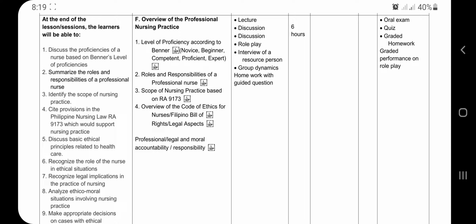Very important ngayon na ma-discuss sa mga students ang Code of Ethics. Okay? Pag sabihin natin ethics, it is our attitude towards our profession and our attitudes towards our patients. Okay? So, the Filipino Bill of Rights, okay? Kasi syempre, kailangan din natin alamin yung Bill of Rights ng mga taong sinuserve natin and the legal aspect.